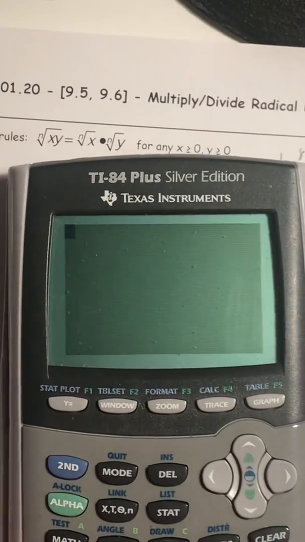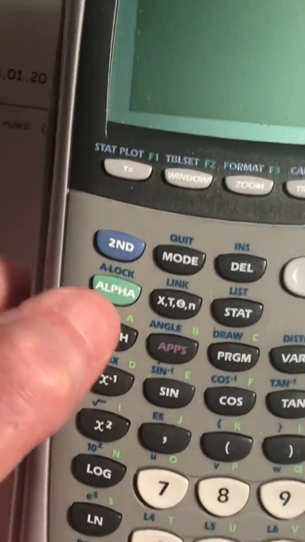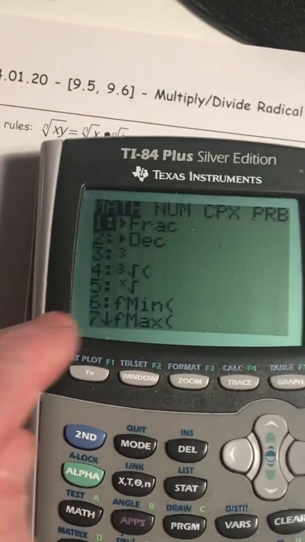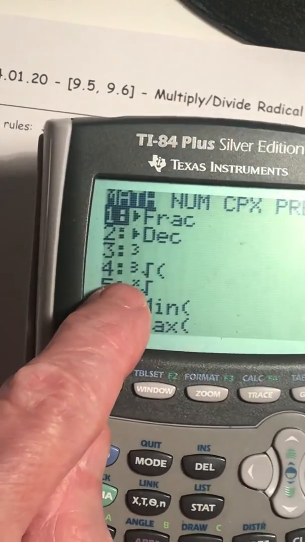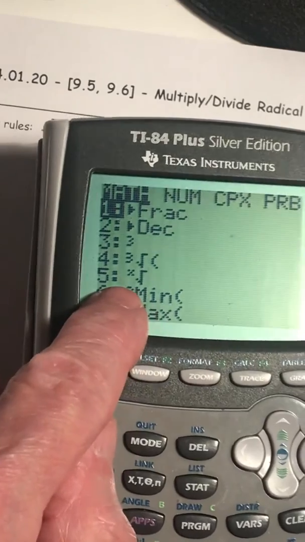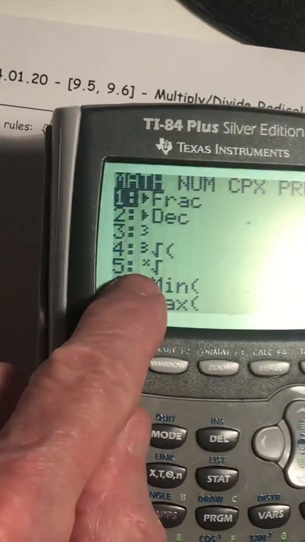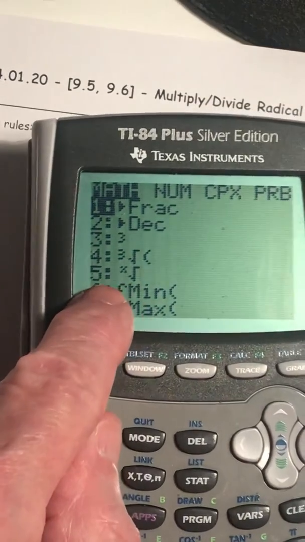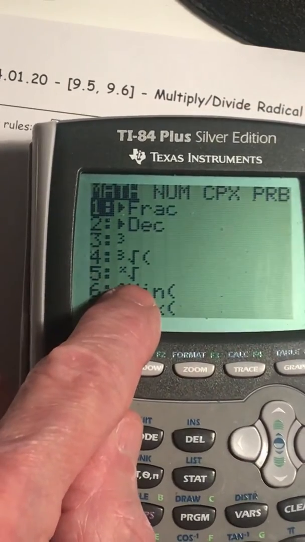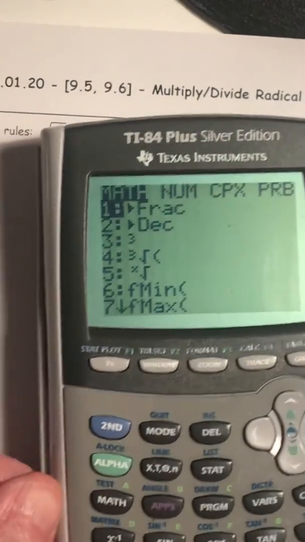However, if you push the math key, see the math key right here? There is a cube root command, number 4. While we were looking at this, I'll tell you number 5 is for any other index root. You put the index in first and then come back to this. And we'll try that sometime before this video is over.